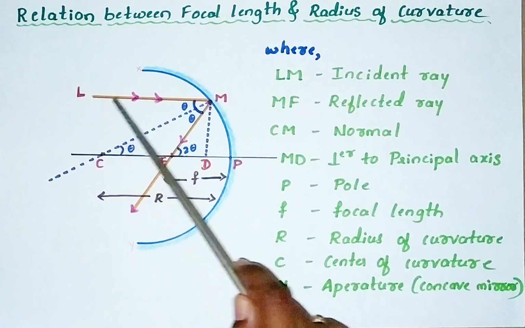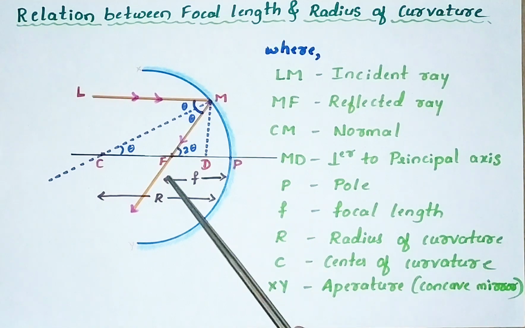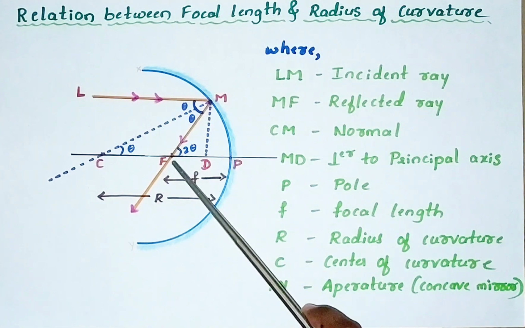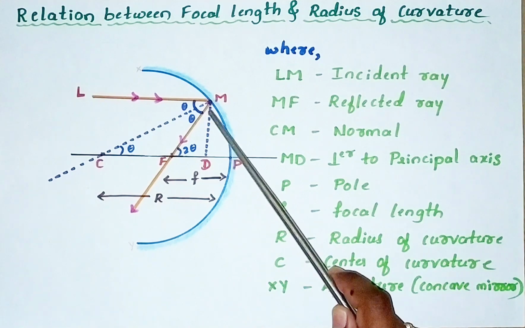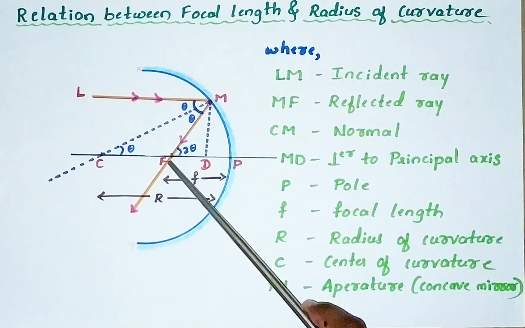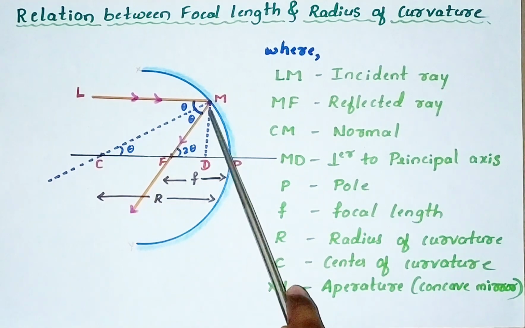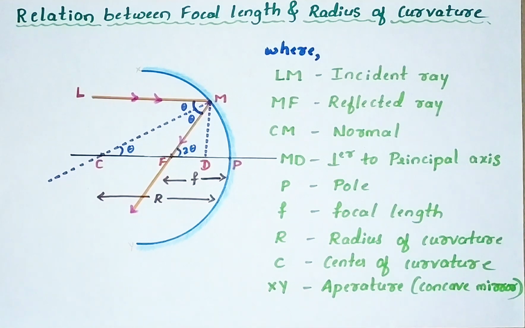When a ray of light falls on a concave mirror, a part of the light turns back to the same medium. Now you can observe this reflected ray is passing through the principal focus because this is a concave mirror. After reflection, converging of light takes place. Now LM is the incident ray, MF is the reflected ray.